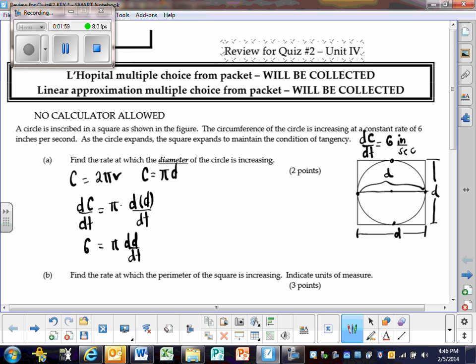I then divide by pi so that the change in diameter over time is 6 divided by pi. The units are inches, and in this particular problem, time is in seconds. Do not allow pi to magically levitate to the top of your fraction.